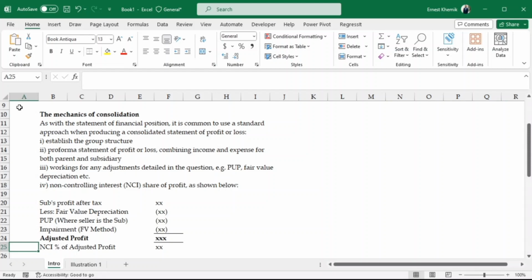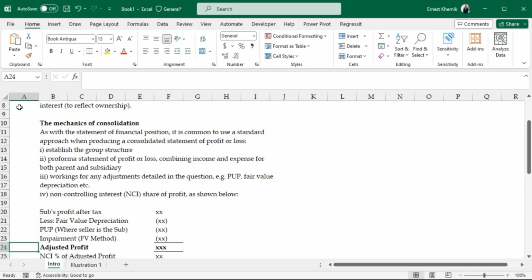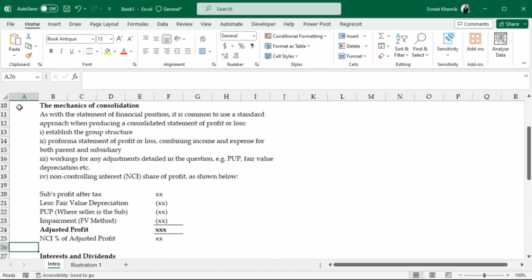And then as a final working, we will calculate the non-controlling interest share of the profit for the year. And how do we do that? We are going to look at the subsidiary's profit after tax, and then we will adjust it for any fair value depreciation, provision for unrealized profit where the subsidiary is the seller, and impairment of goodwill where the fair value method of measuring NCI is used.